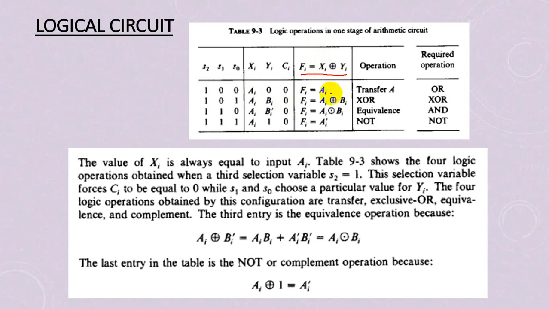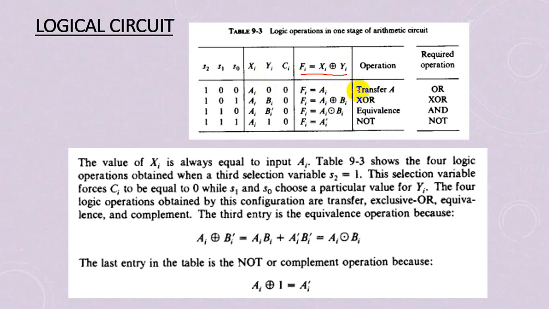F equals X exclusive OR Y. So A exclusive OR 0 equals A. So we get a transfer operation.